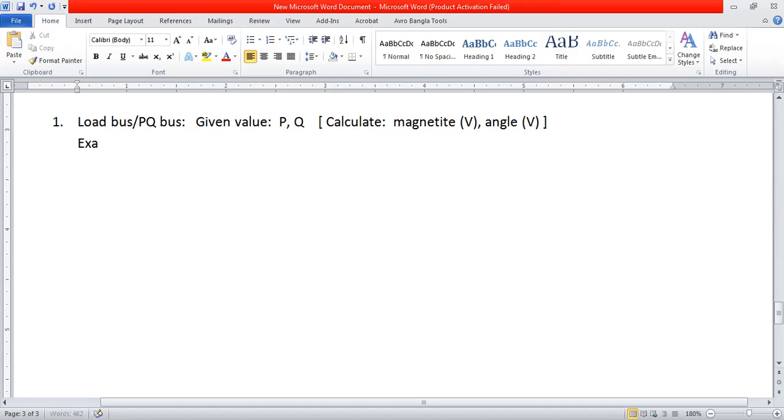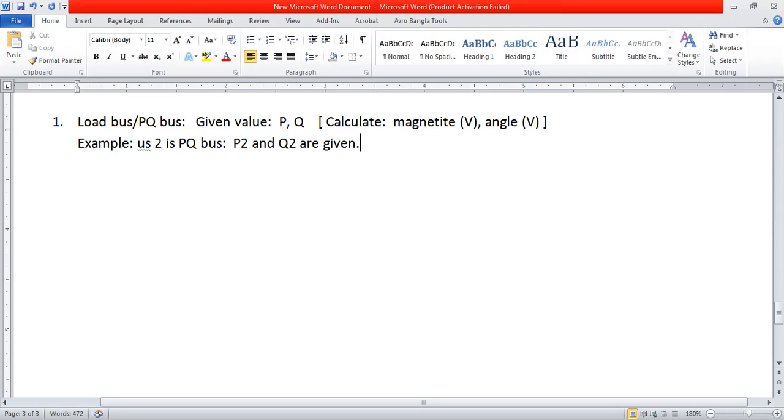For example, if bus 2 is a PQ bus or load bus, then the real power P2 and the reactive power Q2 are given, because this is a load bus.